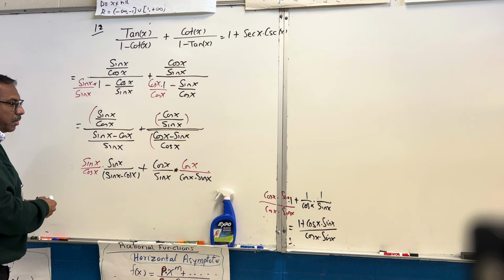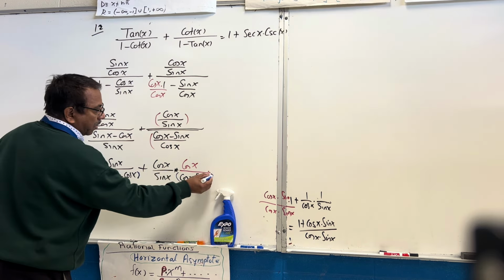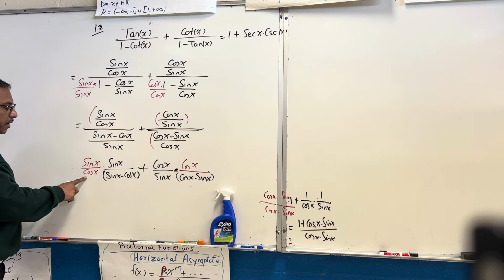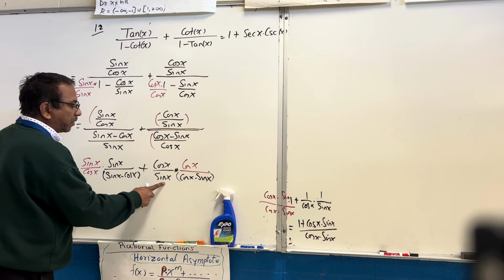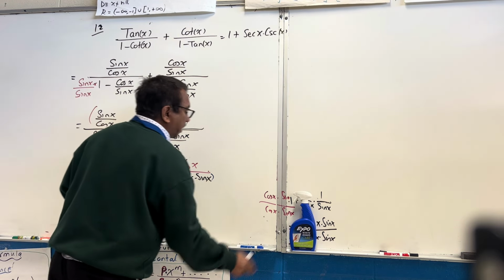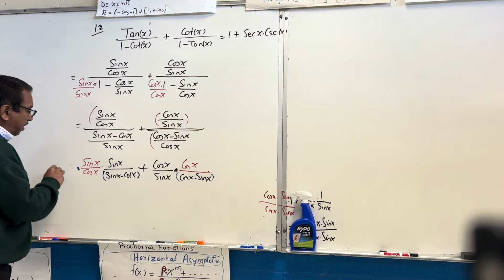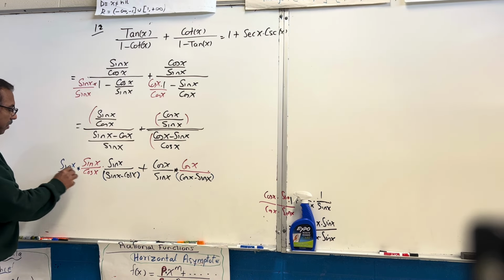Okay. Now, if you see this, this cosine is the same. This factor is the same, but then there's an additional cosine x here and a sine x here. So we need to have the common denominator. To have the common denominator, we'll have to multiply and divide this sine x, which is right here, by sine x.